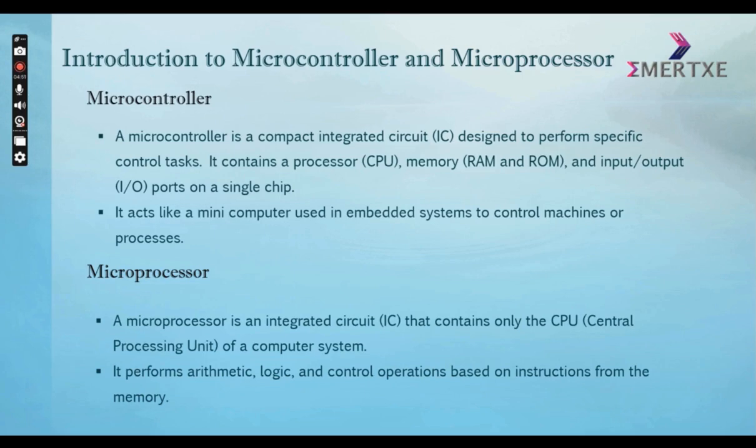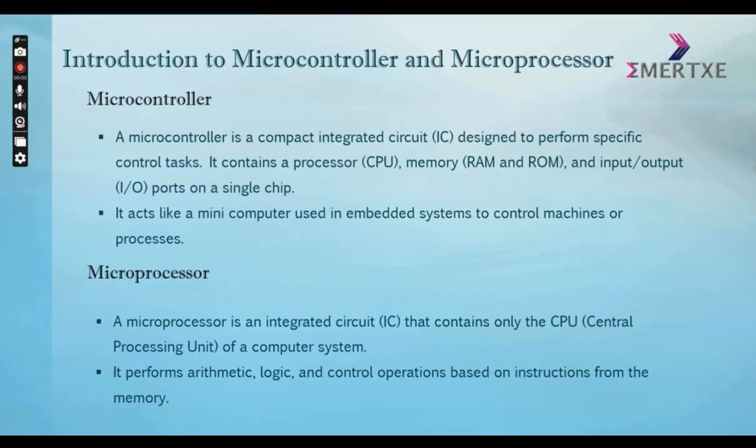Examples of microcontrollers are PIC16F877A used in PiximLab and 8051 Intel. Next, coming to the microprocessor. A microprocessor is an integrated circuit that contains only the CPU of a computer system.